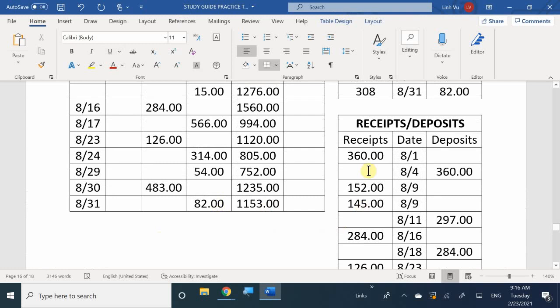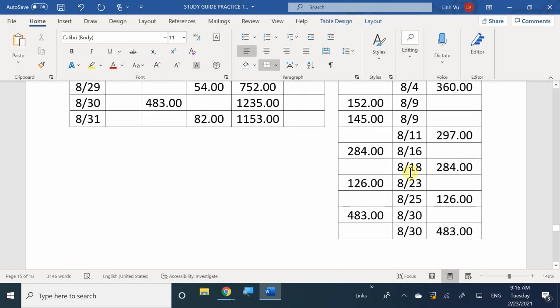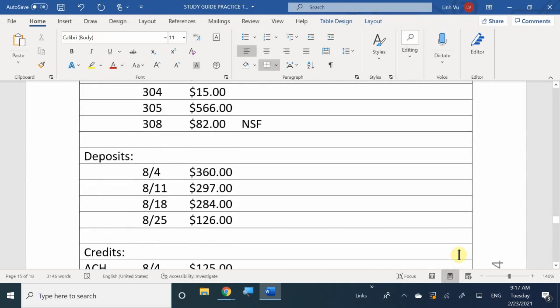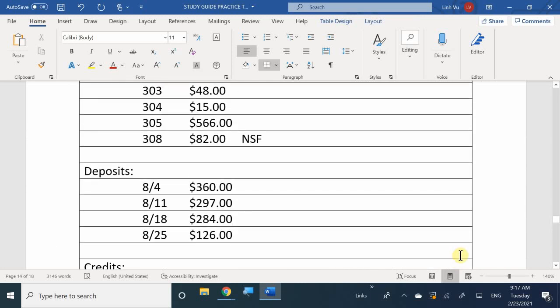So let's first determine how many deposits I have made so far. How many deposits did I make so far? Five. You made 5, right? And let's go check how much the bank cleared from us.